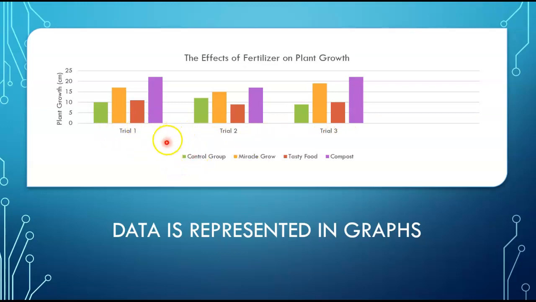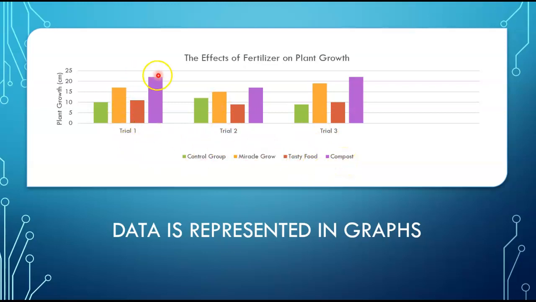And if you look, each bar is represented by a color, and so the color represents the columns that we saw in the chart. So the control group column, that's the green bar in trial 1, in trial 2, in trial 3. So those 3 represent the control group. Then the yellow shows the Miracle-Gro group over the 3 trials, Tasty Food, and then compost.